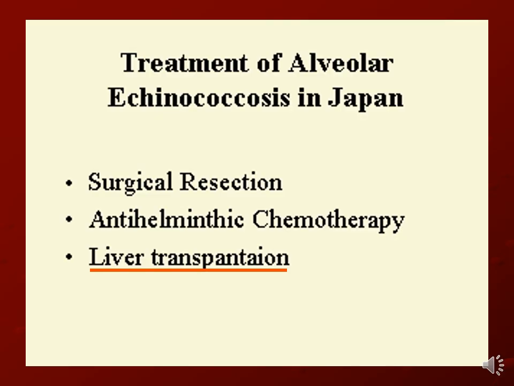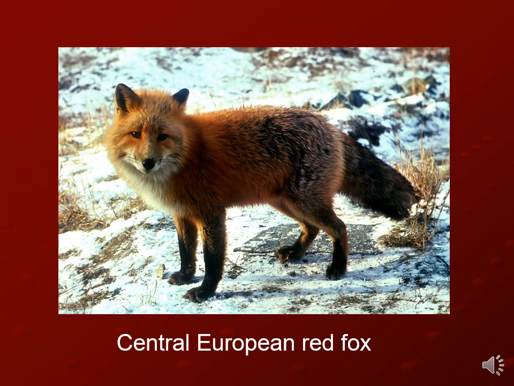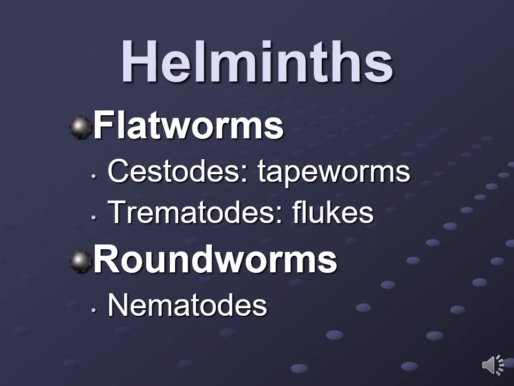Treatment of alveolar echinococcosis. In Japan, it occurs there. Surgical resection, of course, antihelminthic chemotherapy, albendazole usually, or liver transplantation whenever the liver is failing, actually. And this is the Central European red fox, the definitive host for Echinococcus multilocularis. A nice animal.